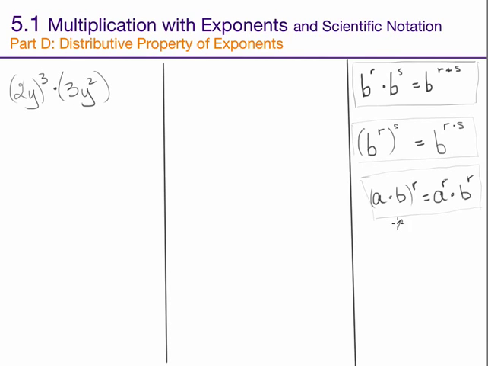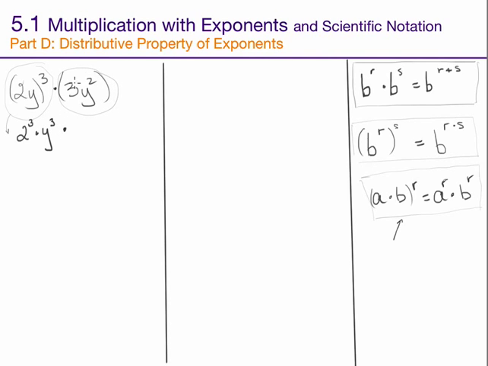Using this shortcut, I can get the first thing to the power, that's the 2, times the second thing to the power, that's the y. So all I've done now is simplify this piece. Now I'm going to multiply that by this piece here.